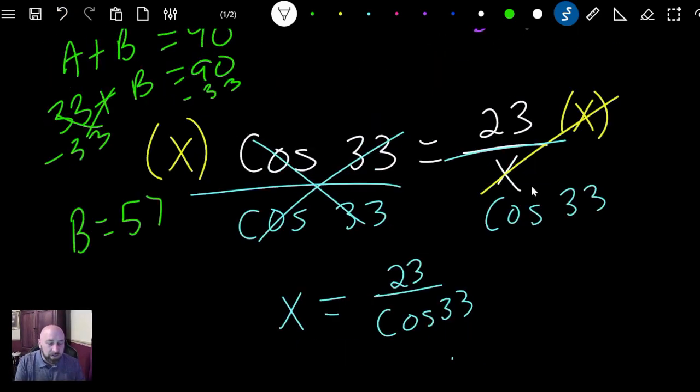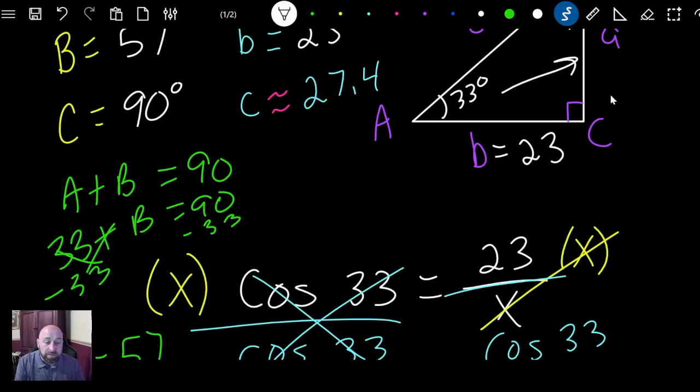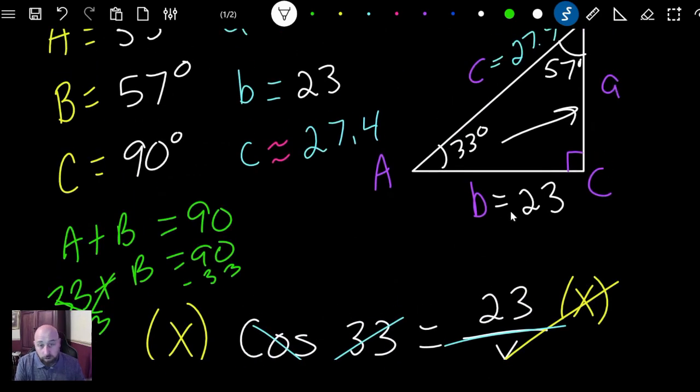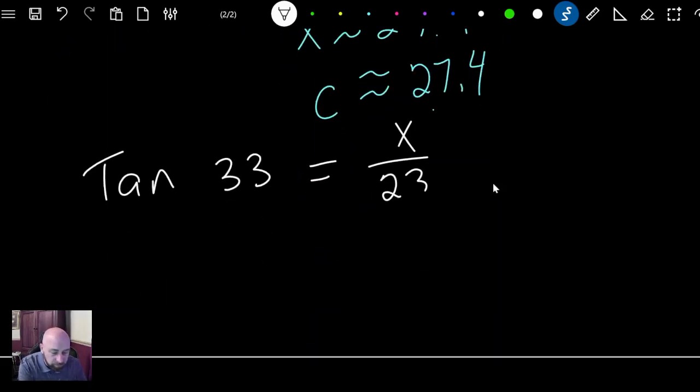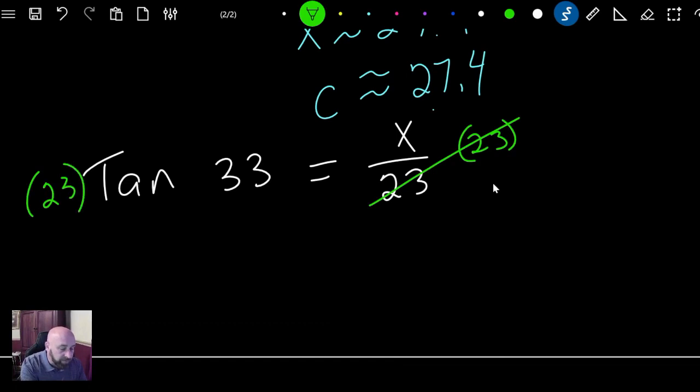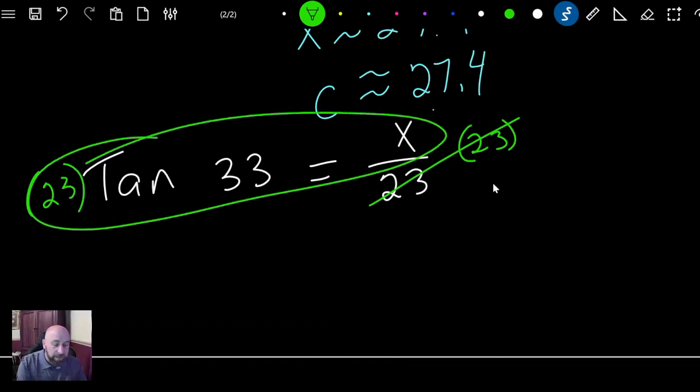All right, and so we want to put the opposite, which is A, or our missing side, over the adjacent, which is B, or 23. And now we need to solve this. Now again, the way to solve this is just to multiply both sides by 23. That's going to cancel here. And this one's a little bit different because we don't have to move anything else, since we already got X by itself.